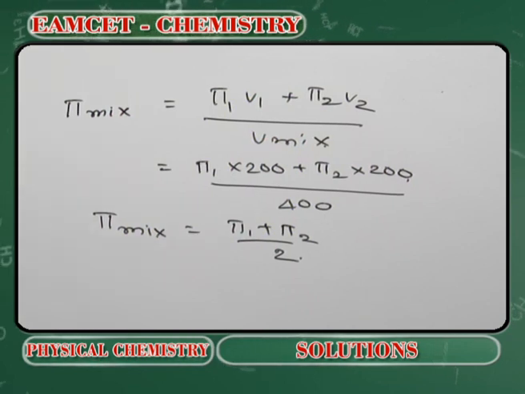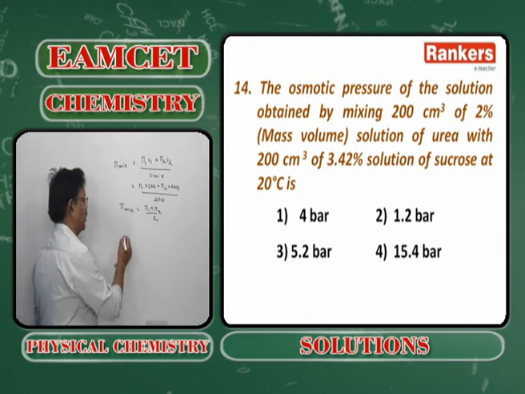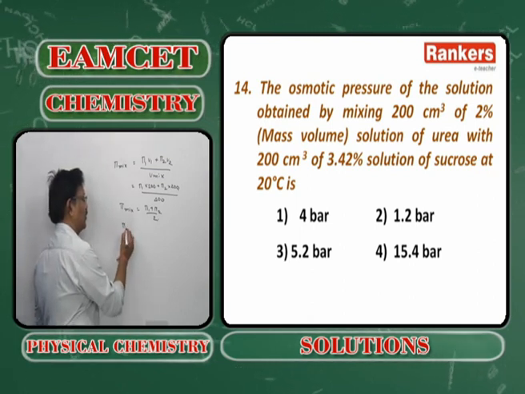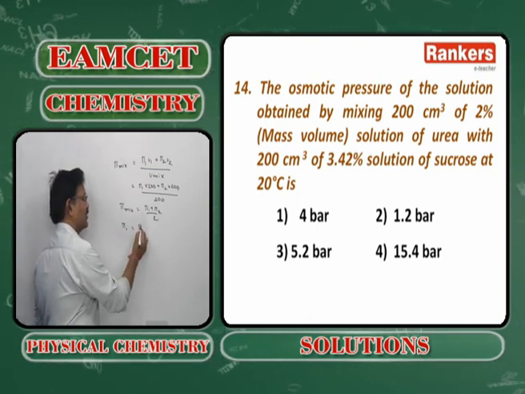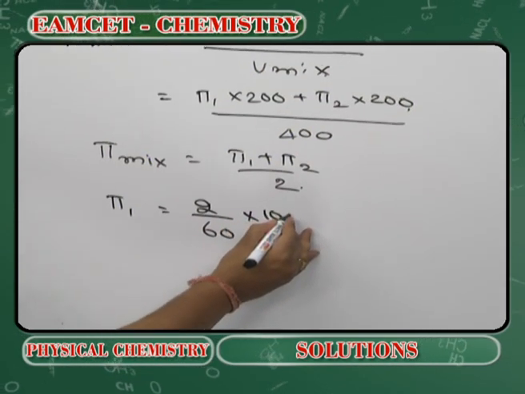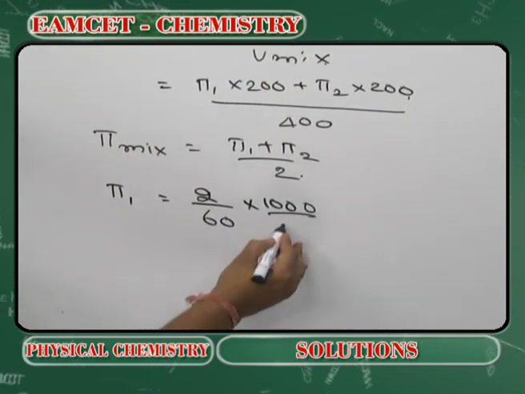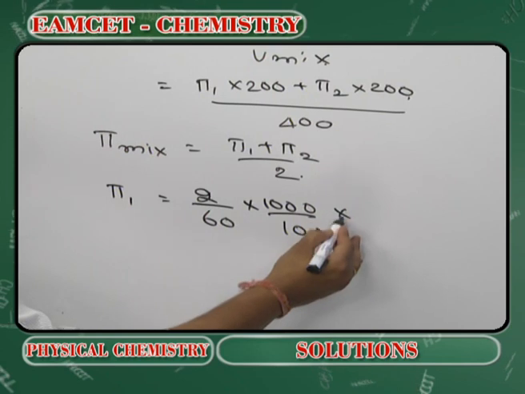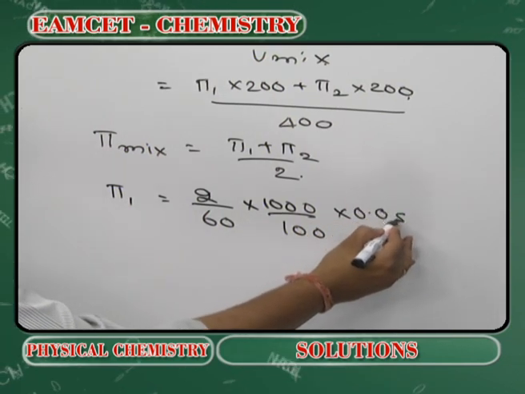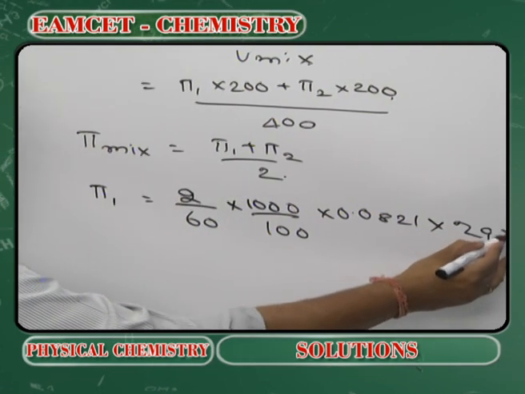Now what is the value of pi 1? 2% solution of the urea. Pi 1 is equal to 2% means 2 grams of the solute is dissolved in 100 ml, so 2 by 60 into 1000 by 100 into R, 0.0821 into what is temperature? 293.